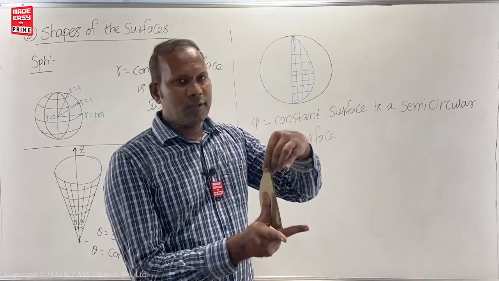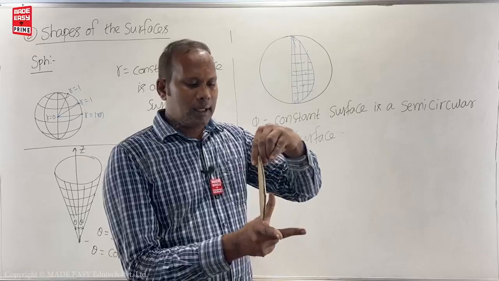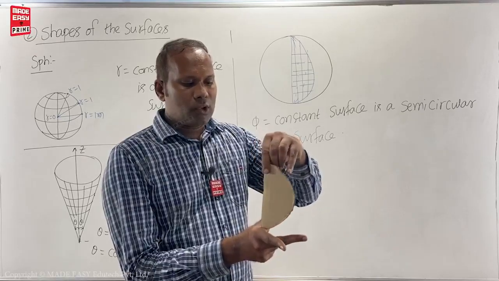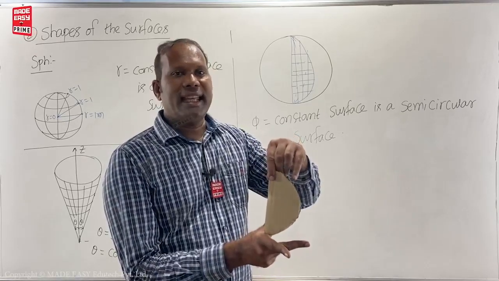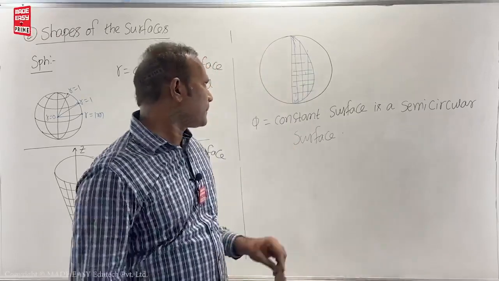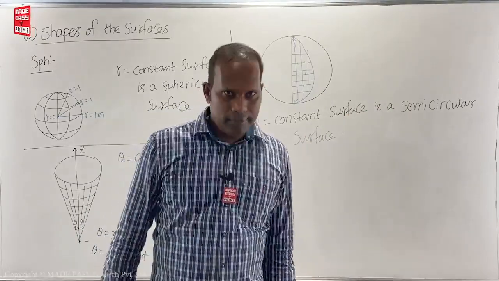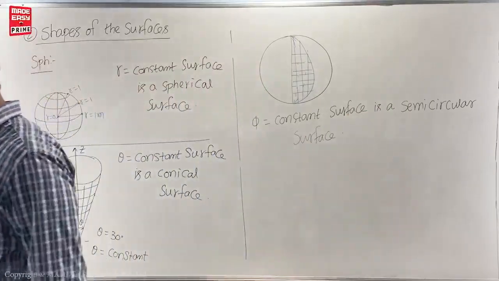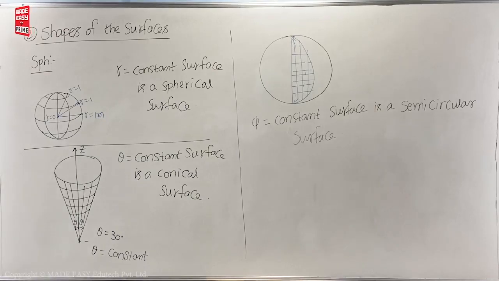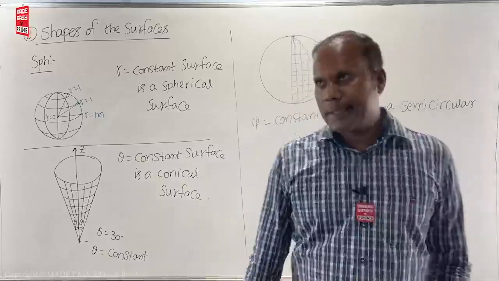Then 180 degrees, half of the sphere. 3/4 of the sphere, full sphere. Now, while rotating, you stop that, then horizontal angle is constant. So that is this one. Phi is equal to constant surface is a semicircular surface. Okay, so this is all about the shapes of the surfaces.